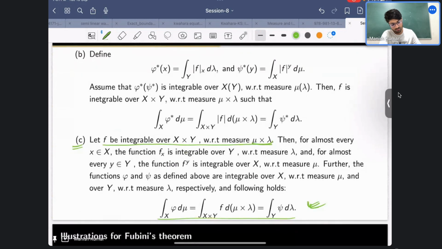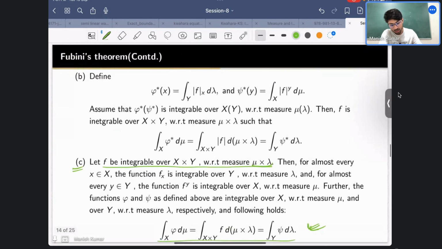What this says is that the x section of mod f, suppose this is your g, then g is non-negative. That's all they are making sure. If for mod of f, the x section or the y section, any one of them, you can make sure it is integrable, then again you have this equality.